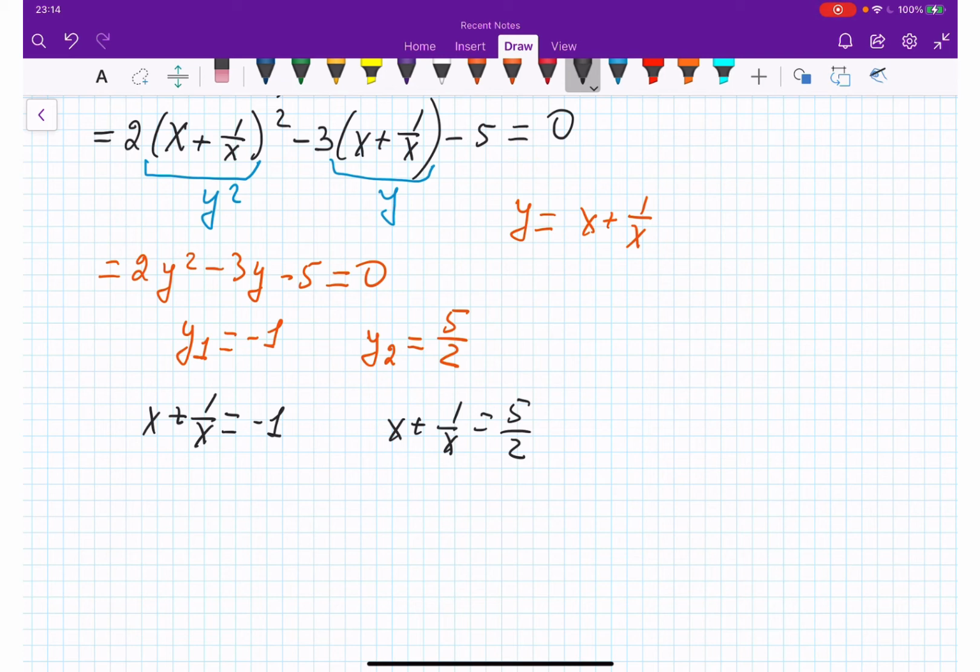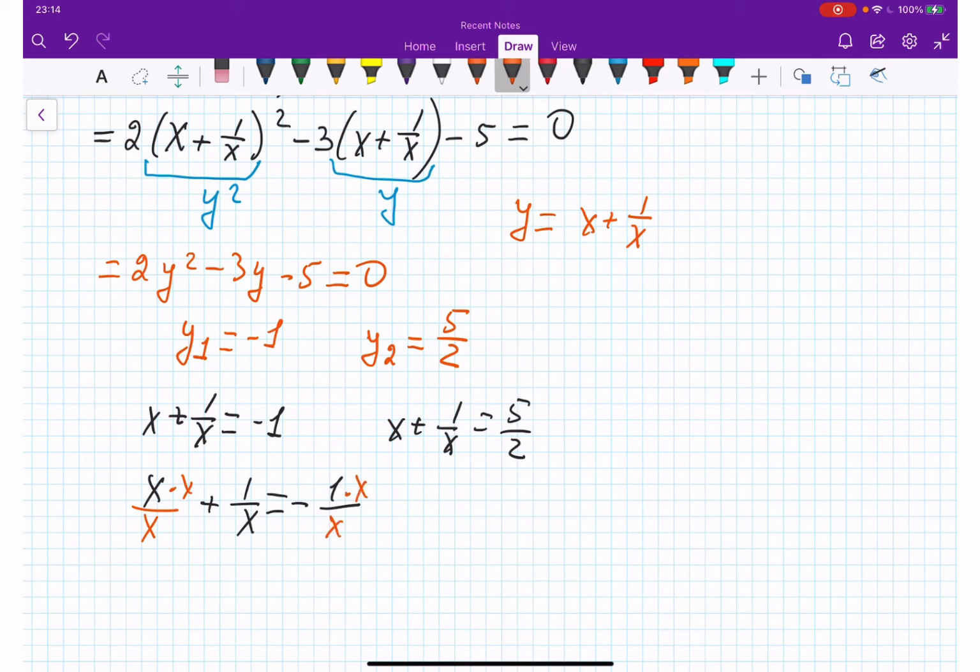All right, so x plus 1 over x is equal to negative 1. If I bring it to a common denominator, it's going to be x over x, and here also multiply by x, right? And then plus, here is going to stay 1 over x because we have the denominator, and equal to negative 1 over x and multiply by x also, right?